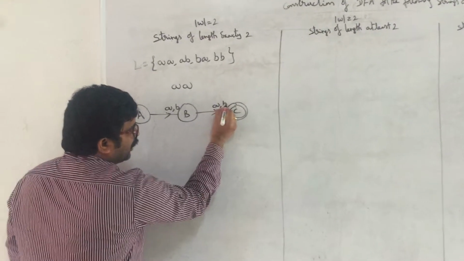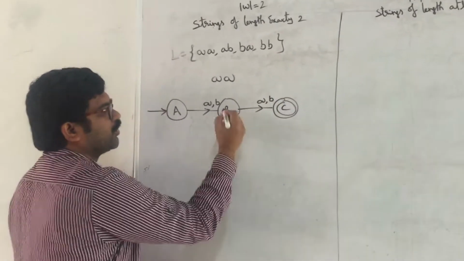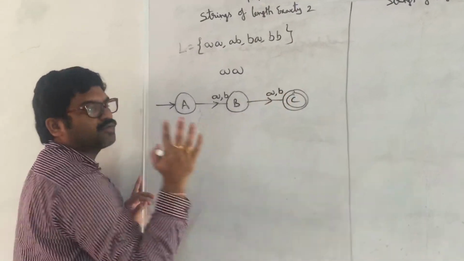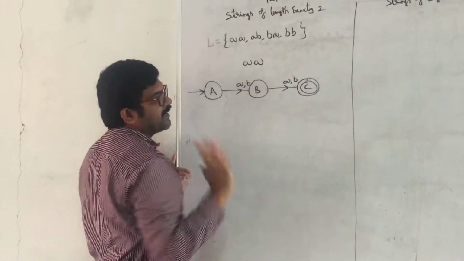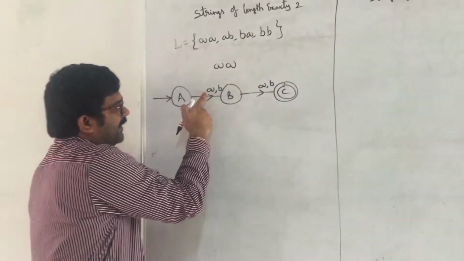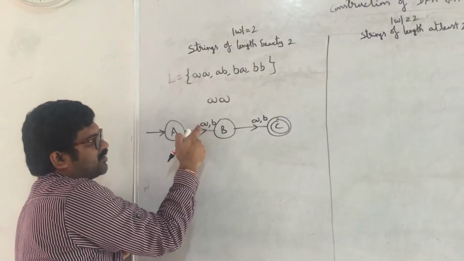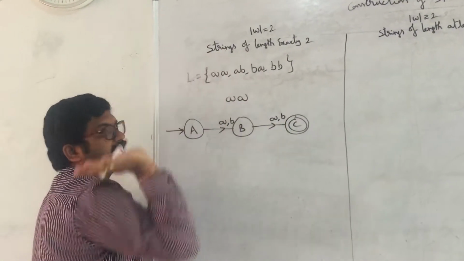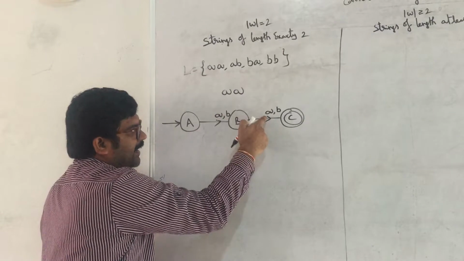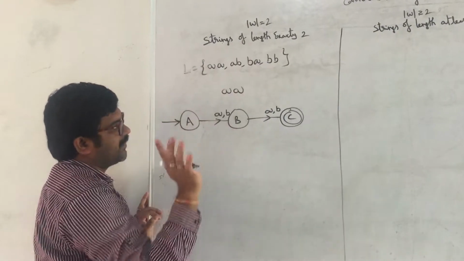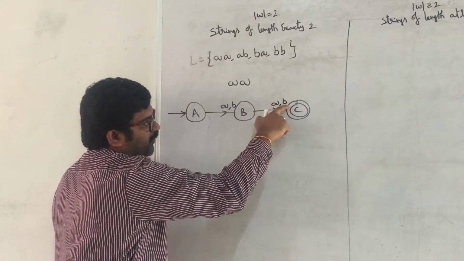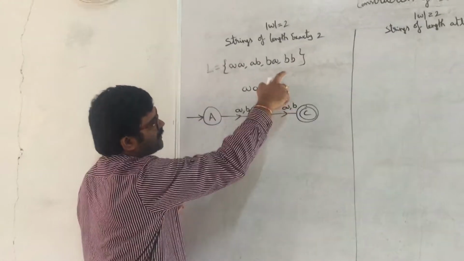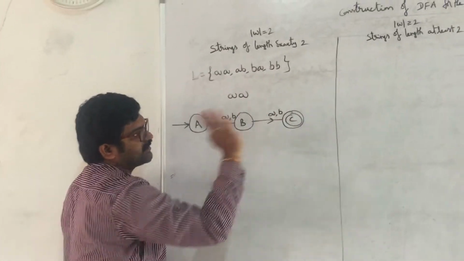You can draw one more transition, or with the same transition give 2 symbols, no problem. Is there any problem or not? If it is a, here I am taking a accepting, so the string is available. Similarly ba accepting, that is also available in the language. Then b, and here also if you include b, that is also accepting. bb is there. So all the strings which are available in the language, all those strings are accepting.